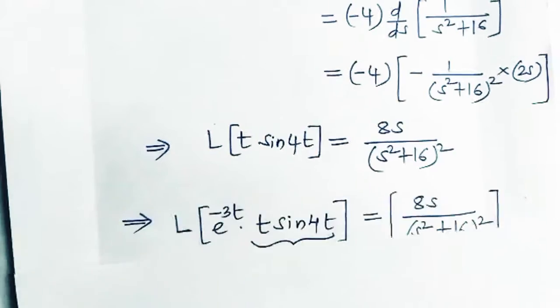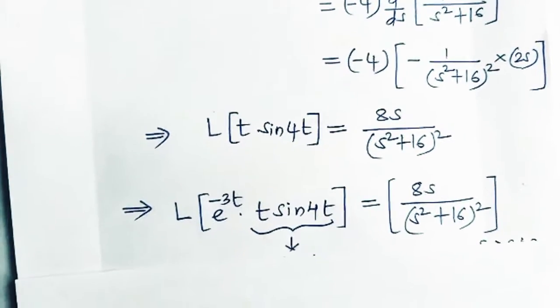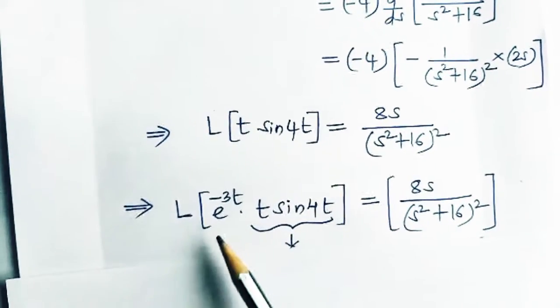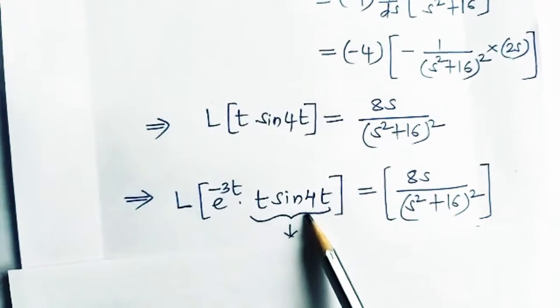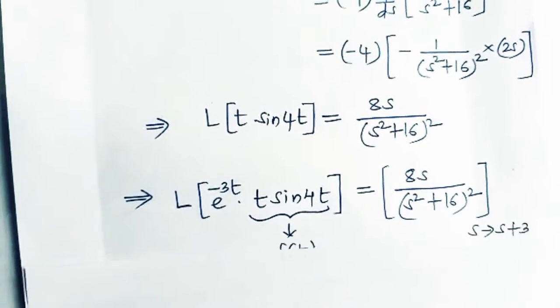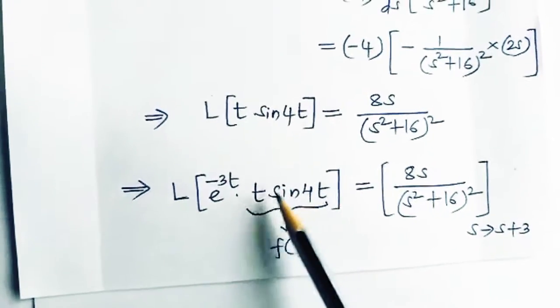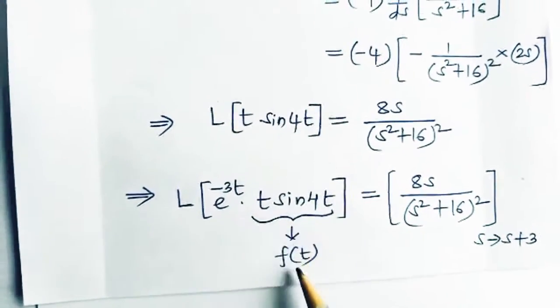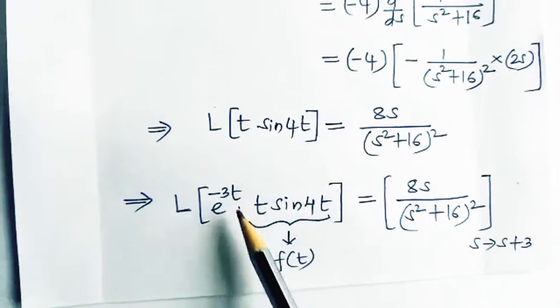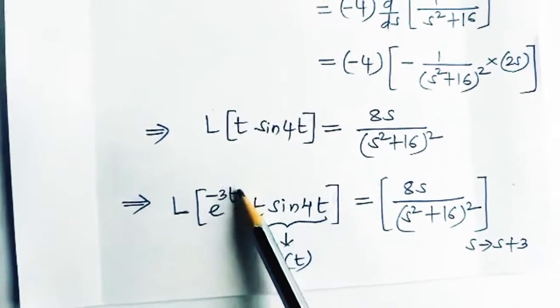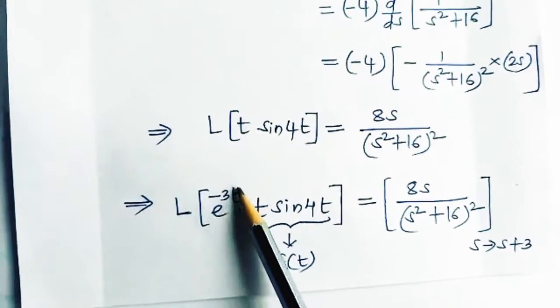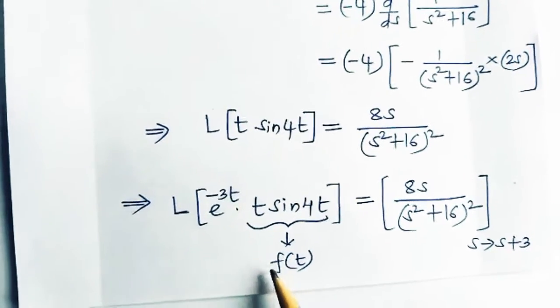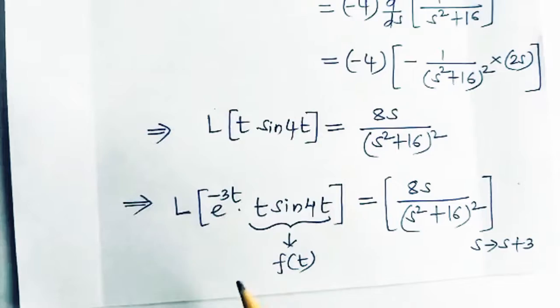So now we may apply the Laplace transform of the next one, e to the power of minus 3t t sine of 4t. For our understanding, this t sine of 4t we may consider as f of t, and the remaining is e to the power of minus 3t. So in the broader sense, it looks like e raised to minus at into f of t, which is the standard form of the first shifting property.